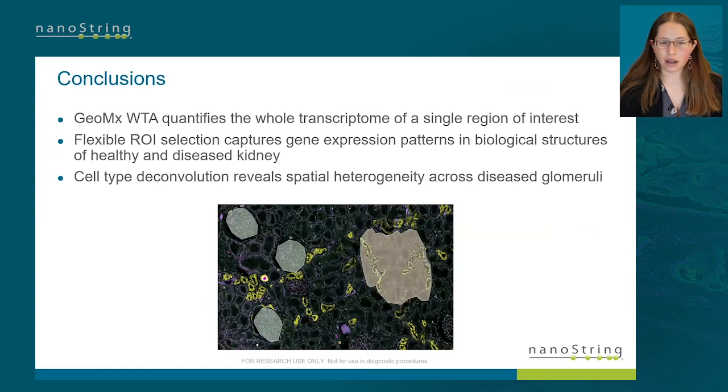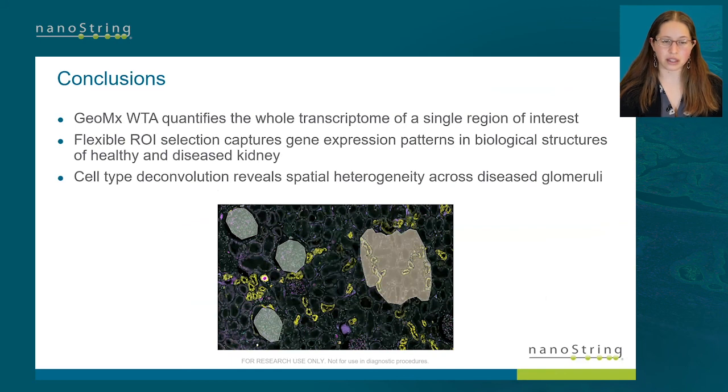So to summarize, I showed you today that the GeoMx Whole Transcriptome Atlas can profile the whole transcriptome of a single region of interest, any region of interest that the researcher wants to select.